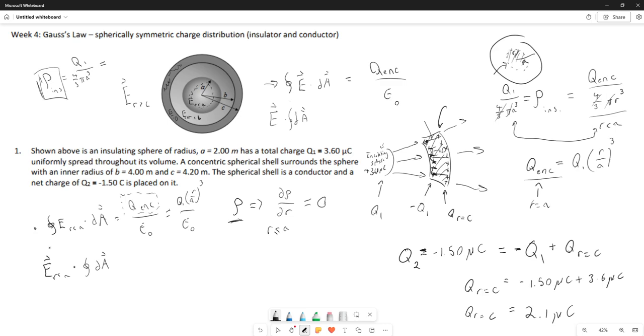And we can always do that, say if we have a charge distribution that's evenly distributed, then our electric field will also be uniform. So remember that, it's important.